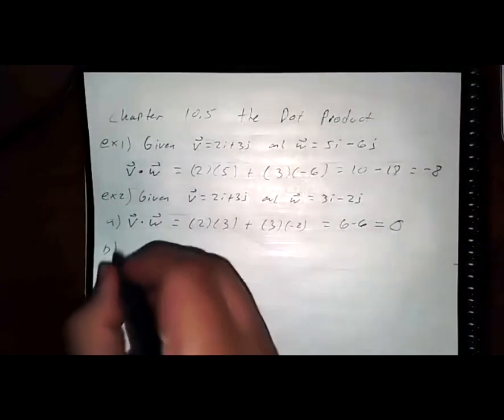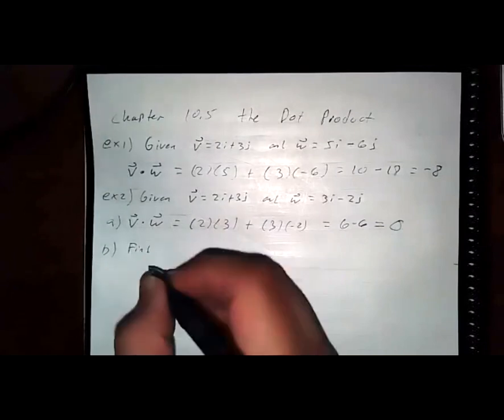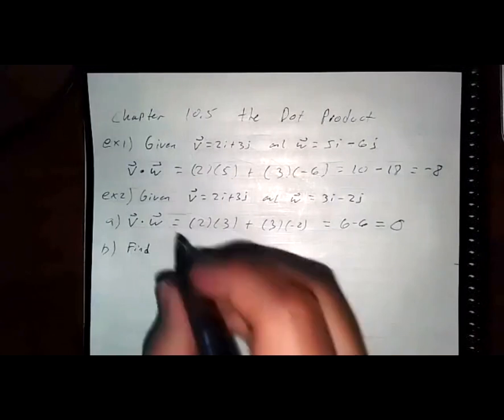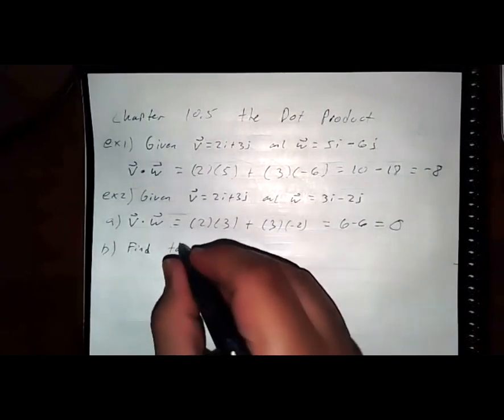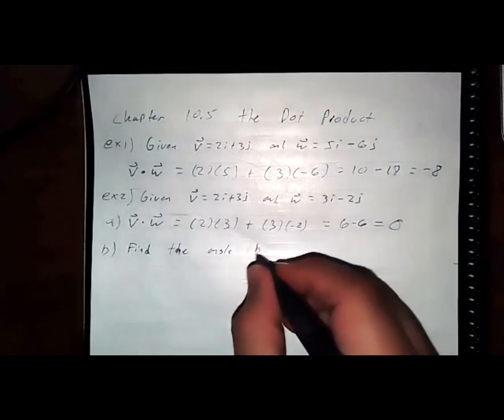Part B, in the homework they'll also start asking you, find the angle between V and W. Well, I already know the answer, I just told you because of the dot product. But here's the formula if it wasn't 0.